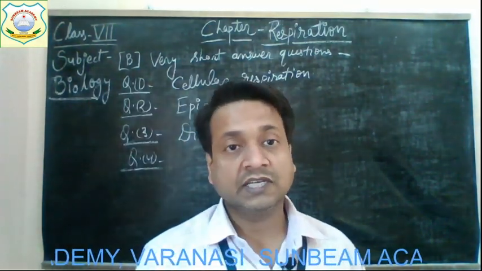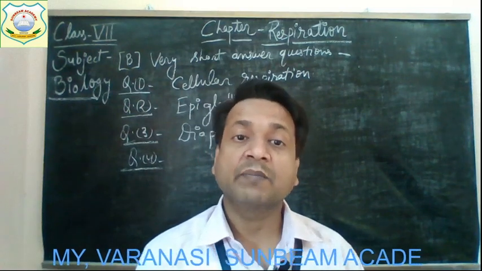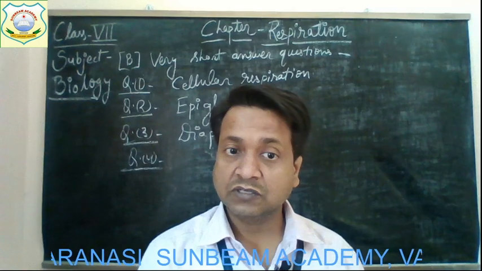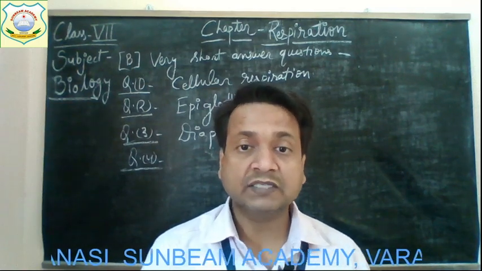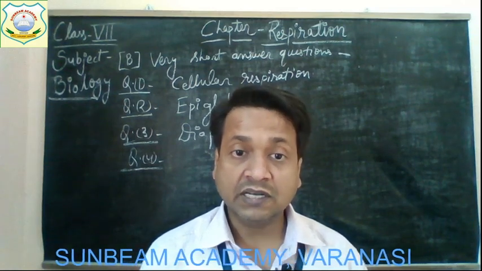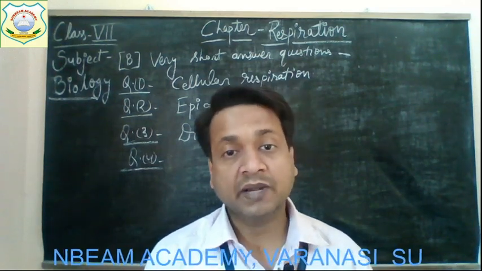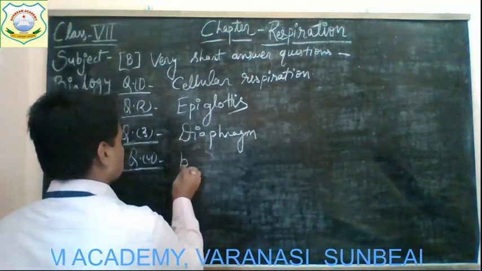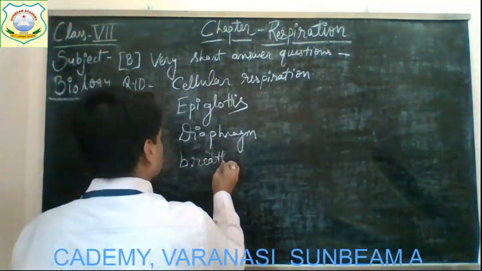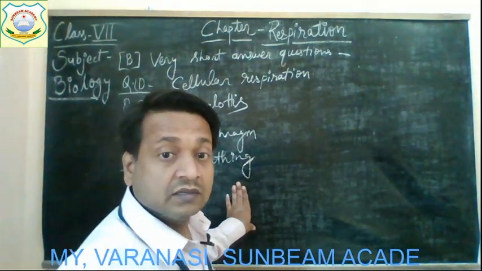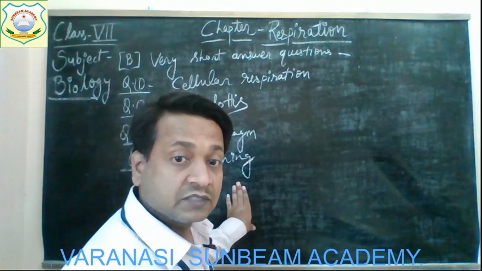Okay. Now the question number 4. Taking in oxygen and giving out carbon dioxide is called. Understood, children? Here two blank spaces are given in the question. Taking in oxygen and giving out carbon dioxide is called breathing, or it is also called, yes, respiration.